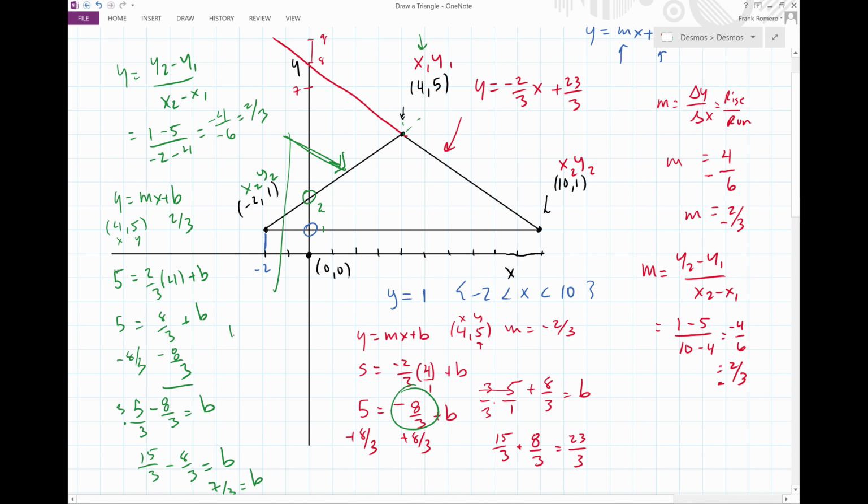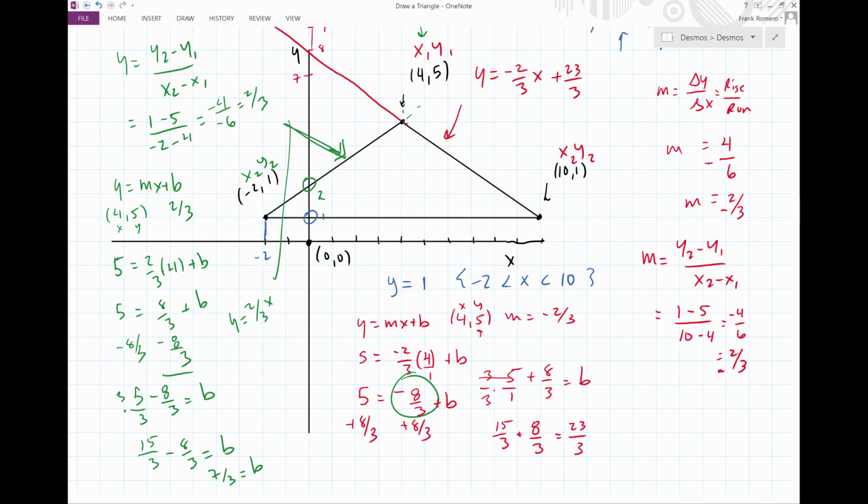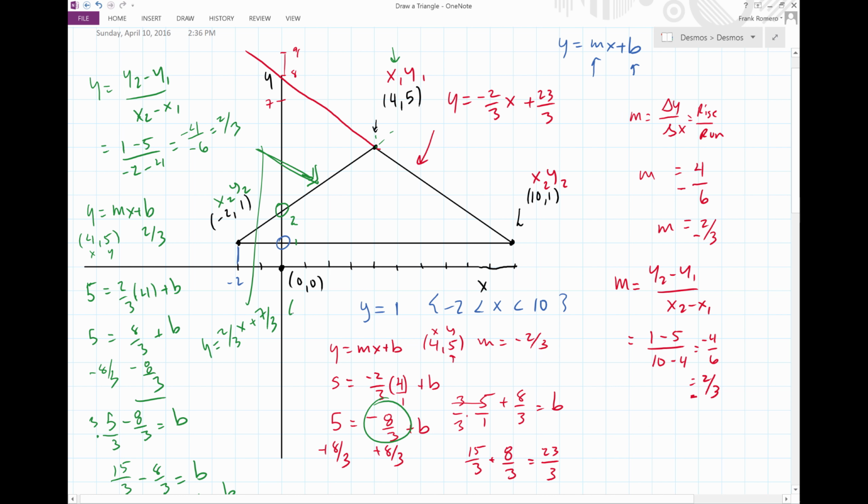It's going to be y is equal to 2 over 3 x plus 7 over 3.